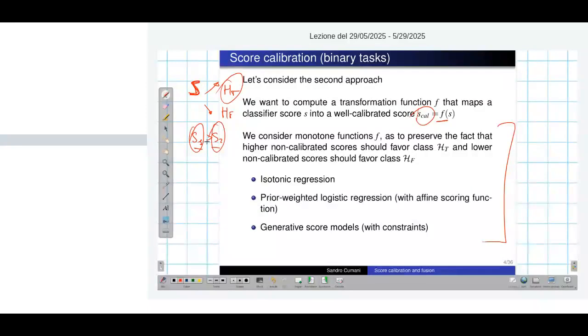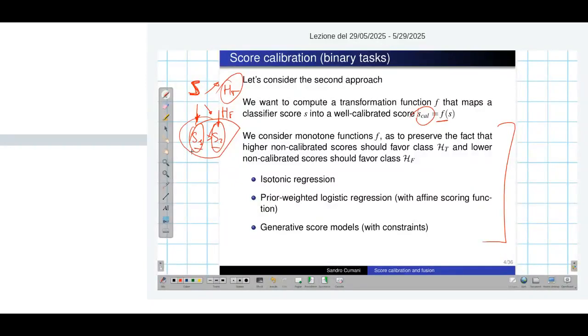So regardless of how we map the score to probability, there is a higher probability that the first sample is from class true than the second sample. So the ordering of the scores should be preserved. If a sample is more likely to be from class true than another one, also after we calibrate the scores, we want this property to be preserved.